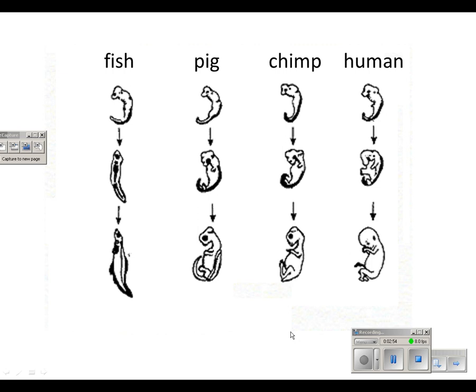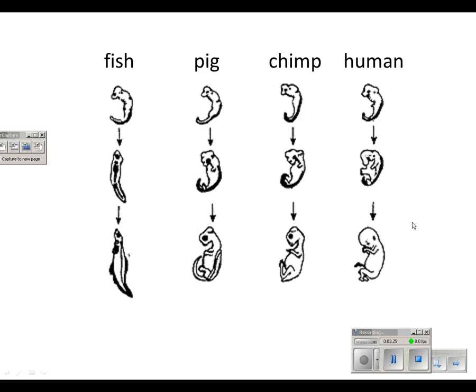Then we can look at comparative embryology. If you look at these organisms here, you see the fish, pig, chimp, and human. At the beginning stages of embryo development, it's very hard to tell the differences between these organisms. Not until the second row here can you see that this might turn into something like a fish. And still, you have very similar structures in these three organisms, and even into the last phase, they still have similar structures.